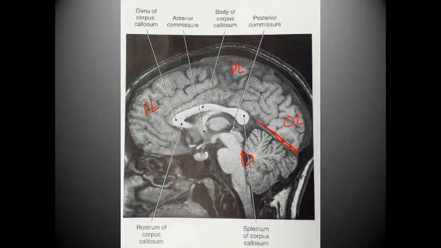Additionally, we have the corpus callosum. We have the pons and the medulla. Here we have the sphenoid sinus, pituitary gland.